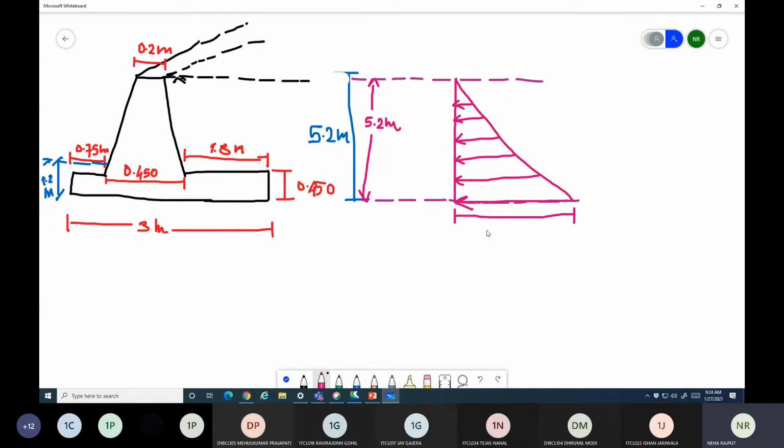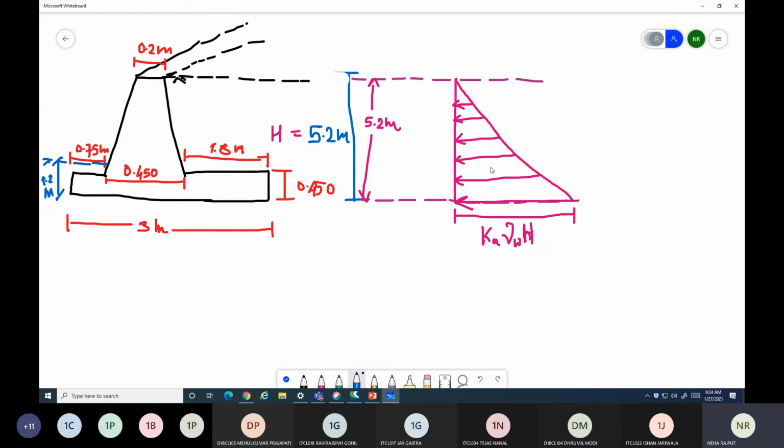Right. Now here the value is gamma W, sorry, Ka gamma W into H. Here H is your capital H because total height of retaining wall. So this is your capital H. So Ka gamma into capital H will be your intensity at the bottom.